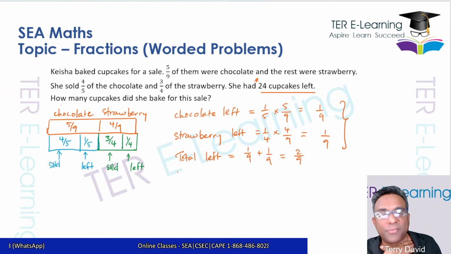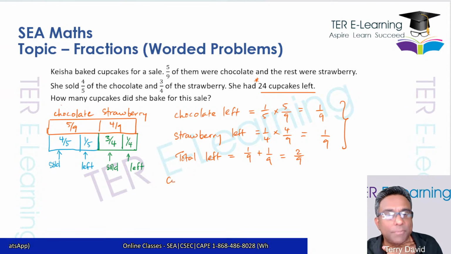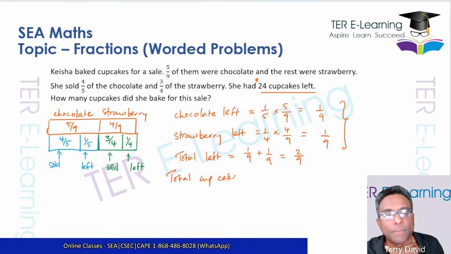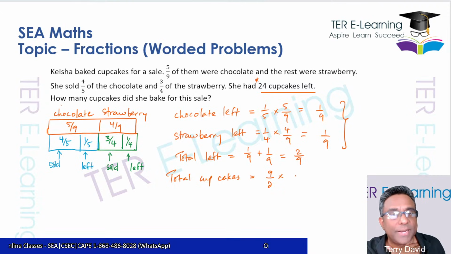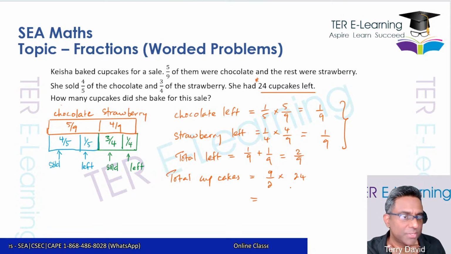So for the total cupcakes at the beginning, all we need to do is invert that 2/9, so that's 9/2, and multiply by the 24 that's left. 2 into 24 is 12, so 12 times 9 is 108.